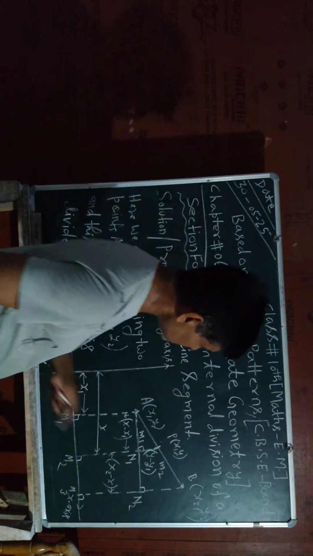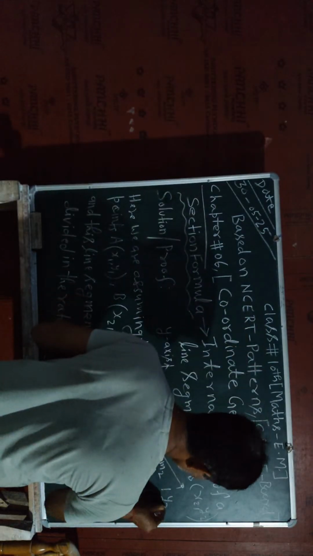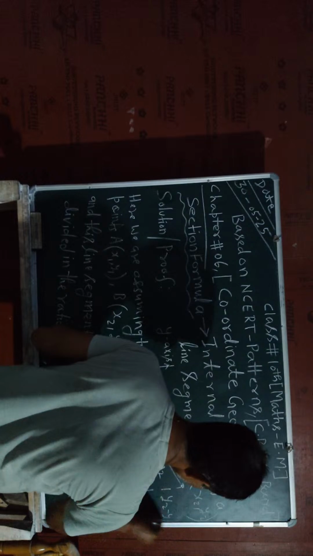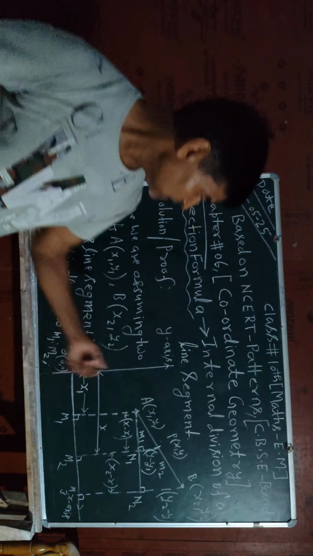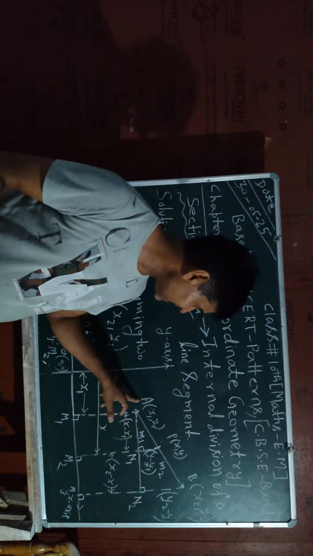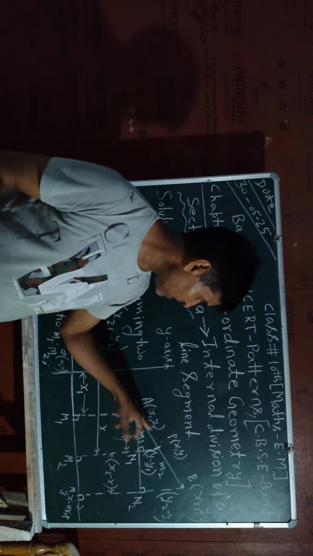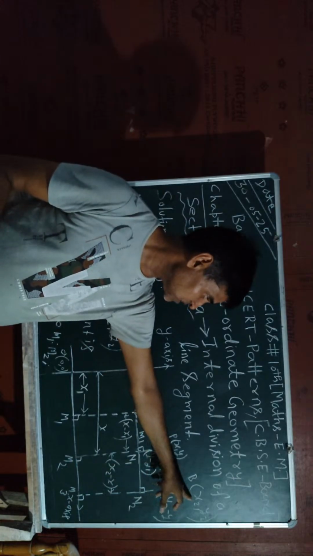Okay student, similarly this length is y2 and this length is y, so here I will say this will be y2 minus y. This is also information, and all information I have written in the diagram, because I have assumed that the coordinates of A are x1 comma y1, and the coordinates of B are x2 comma y2.